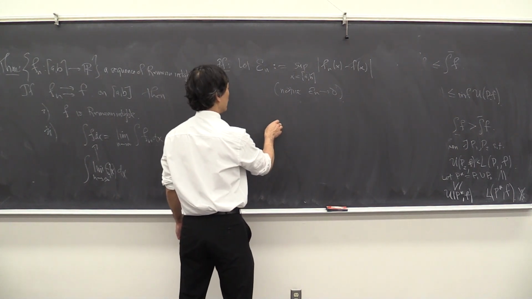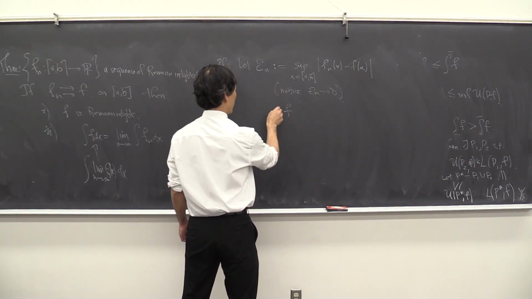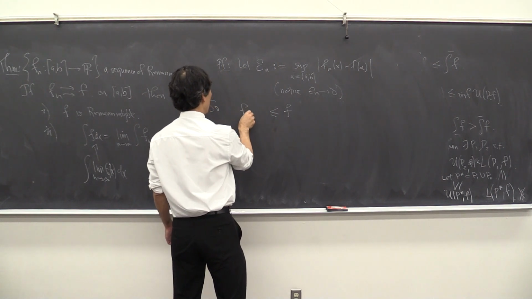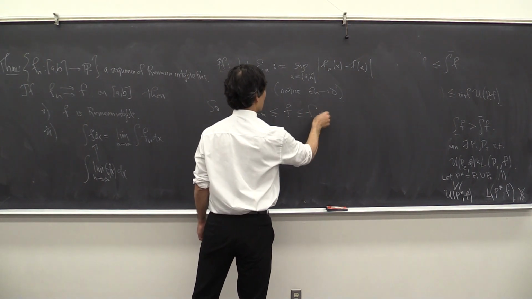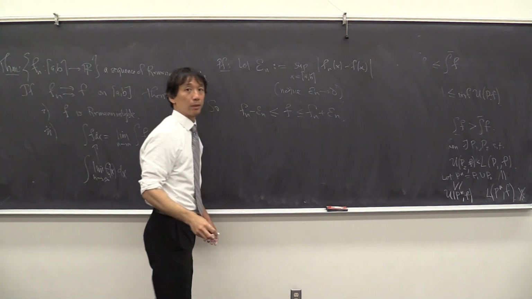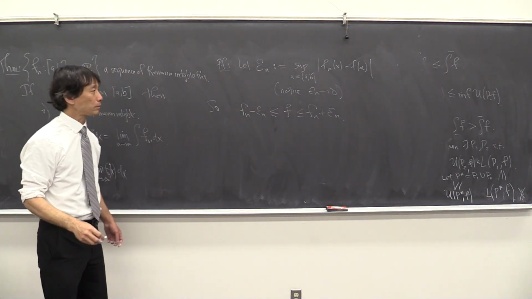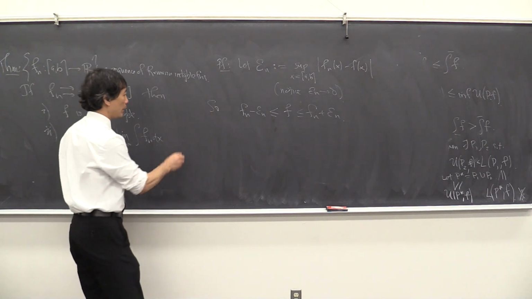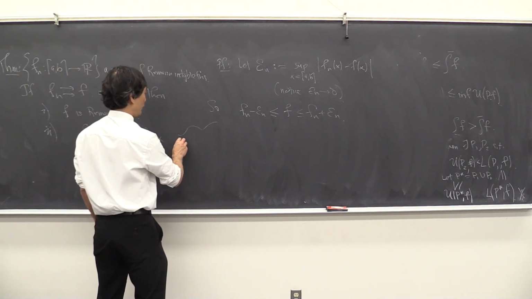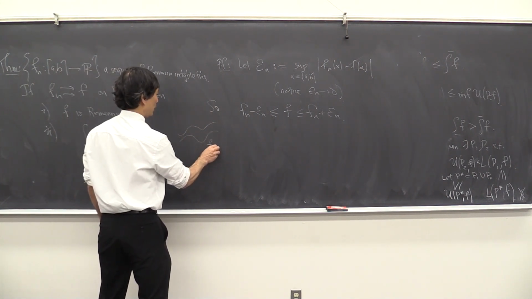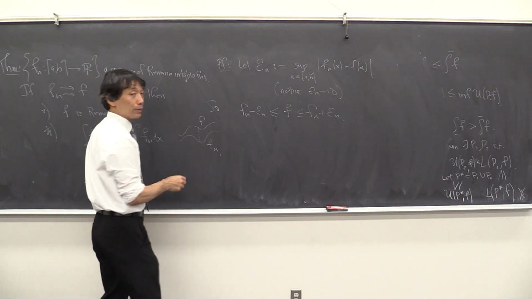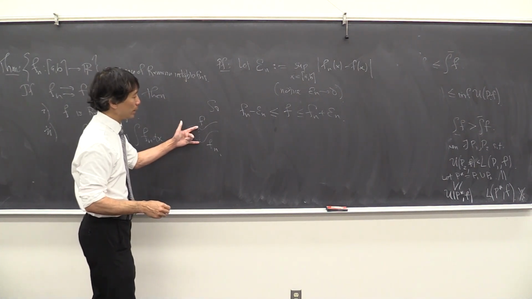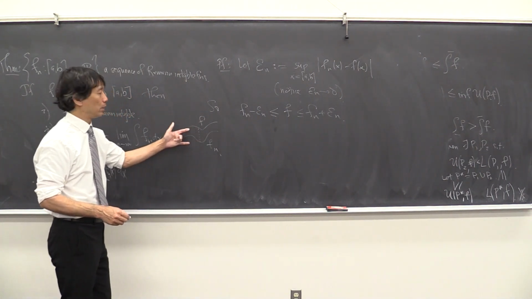Okay, so that tells you that f is trapped between f sub n minus epsilon and f sub n plus epsilon. Right, here's your f, right? Here's your f sub n, right? Epsilon sub n is the biggest difference between the two functions, right?